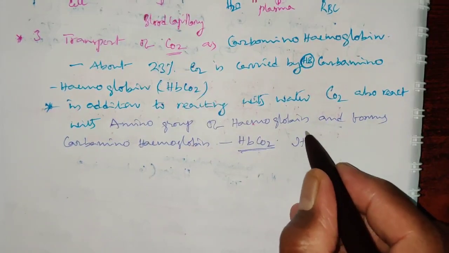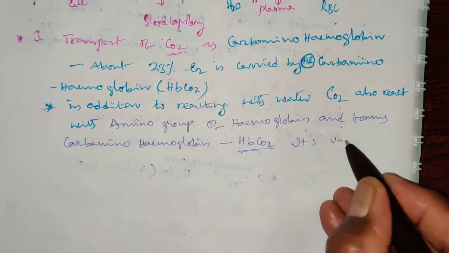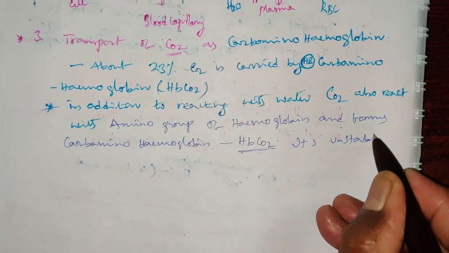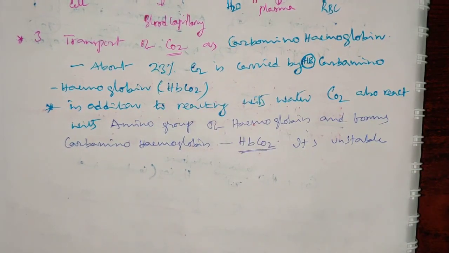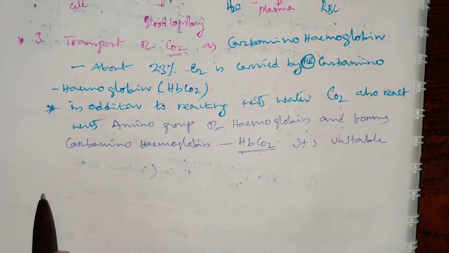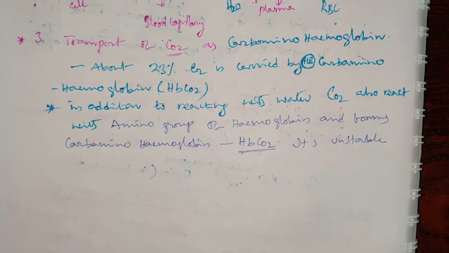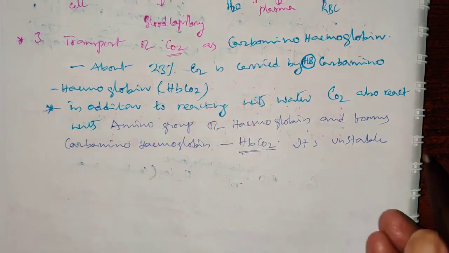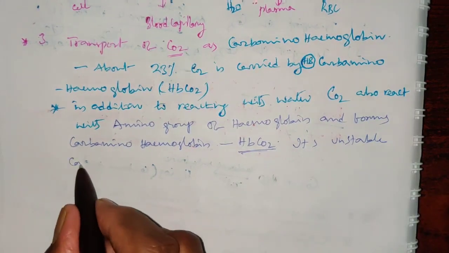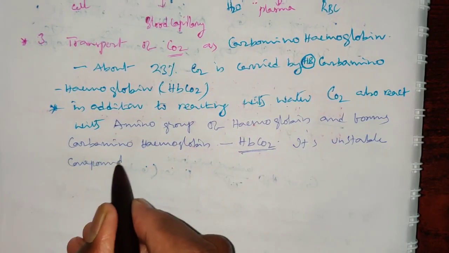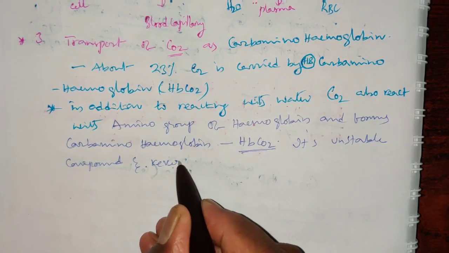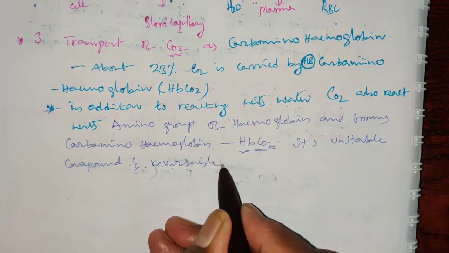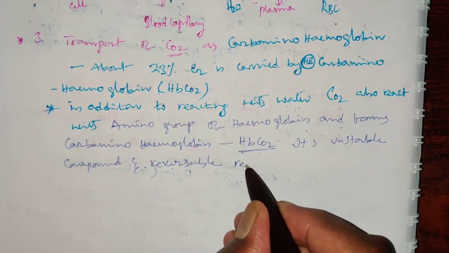Carbaminohemoglobin is an unstable compound and a reversible reaction.